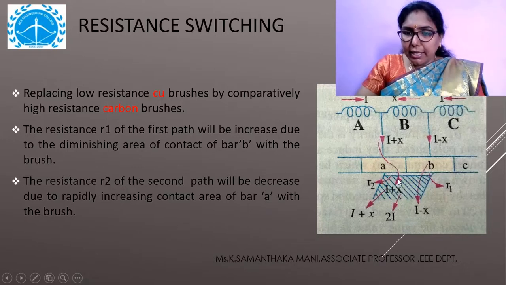If you consider the next case, let us assume this brush is completely in contact with segment A. By that time, there is no contact area with segment B, so no current will flow through segment B. By the time the short circuit is completed, all the current has been diverted through the other coil, and all 2I amperes flow through this one.